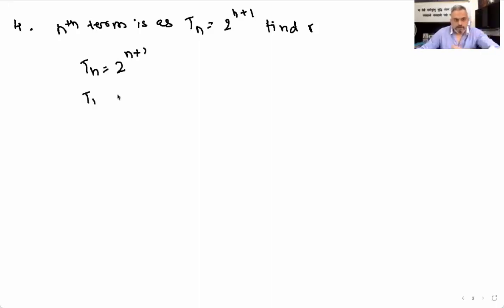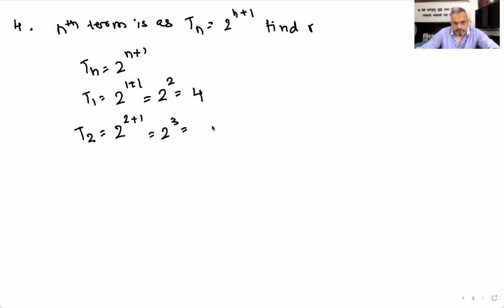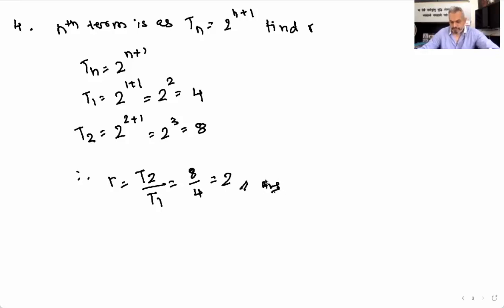So T1 is equal to 2 raised to 1 plus 1, which is equal to 2 raised to 2, which is equal to 4. T2 is equal to 2 raised to 2 plus 1, which is equal to 2 raised to 3, which is equal to 8. Therefore, R is equal to T2 upon T1, which is equal to 8 upon 4, which is equal to 2. Answer.